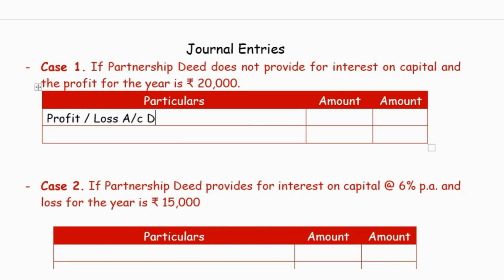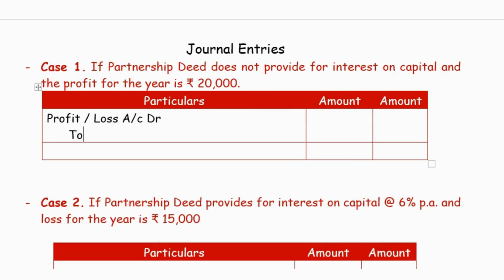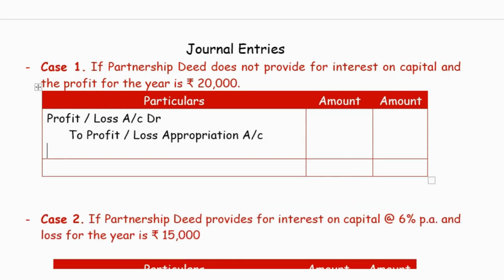So it is transferred from the normal profit or loss account to the profit or loss appropriation account. Profit or loss account debit, to P&L appropriation account.